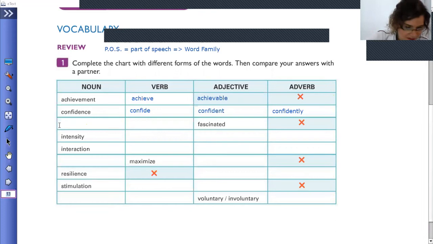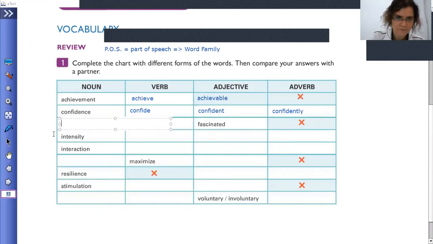Okay, now we go to someone else. We go to fascinated. I want to ask Galang. Galang, are you here? Galang, no? Okay, we go to someone else. Can I ask Matthew? Matthew, no?